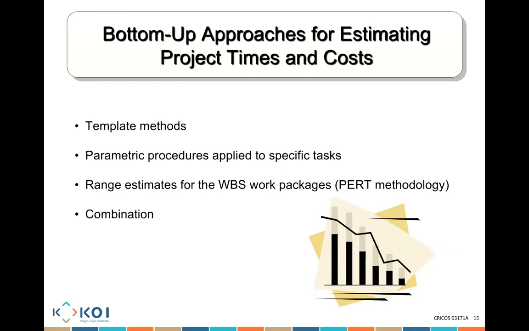Using a formula, I use the pessimistic, the normal time, and the optimistic time combined to know how long a project is really going to take to be completed. Finally, there's a combination. I might be using the template method with, let's say, a PERT method or any other things. That's not a problem. Some people do that.